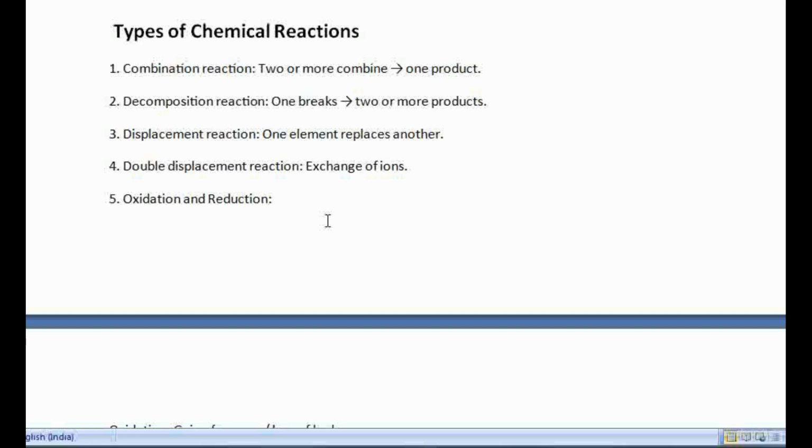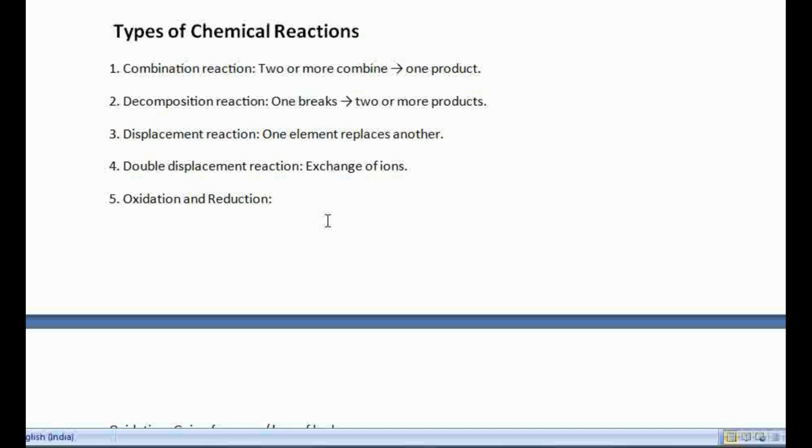Listen carefully. You should see the screen, listen to what I am saying, and write it in your notes. If you are able to, take out a notebook and write down the examples clearly. These are very important. Two or more reactants combine and produce one product, which is known as a combination reaction.